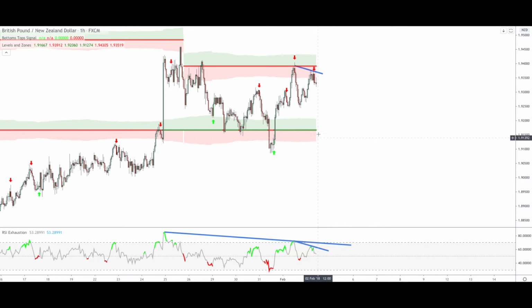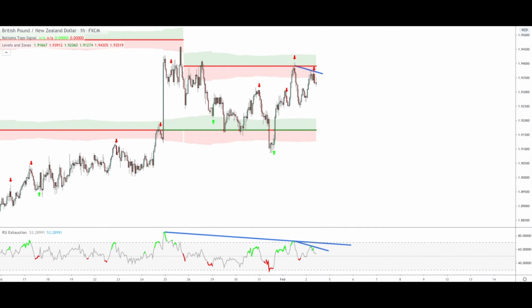And the last condition that we check is the simplest one, which is to have a top. And in this case, we have one here and one other here. These tops are the ones that are displayed by the bottom top signal, and they are confirmed because we have waited for the close of the next candle. You should always wait for the close of the next candle so that you are sure that the top in the previous candle is confirmed.